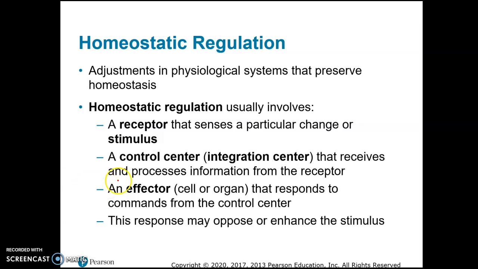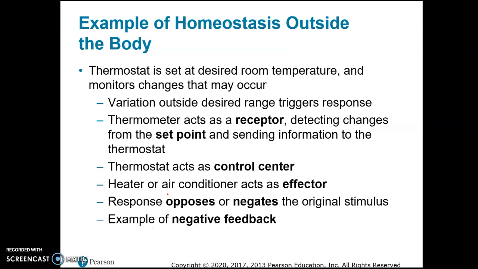So regulation of homeostasis involves a receptor, something that senses the change, and the change is the stimulus; a control center, which many times is the brain; and an effector, and that's going to be the cell or organ or gland that responds to the commands from the control center. Now, the response can either be opposite of the stimulus or it can enhance the stimulus.